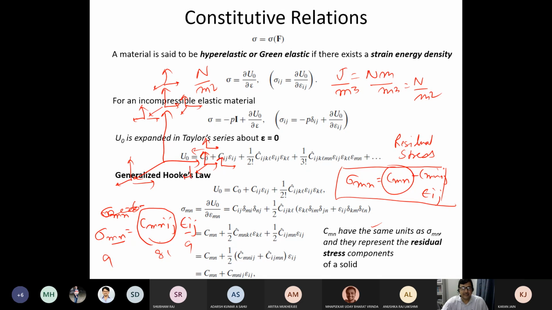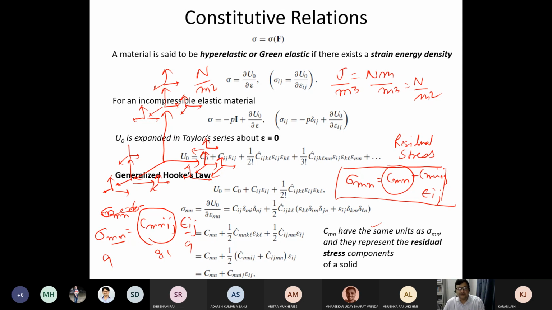Now you can see, right? These are the different directions in which you have the modulus. That is the most generic possible material that is available. So you have that many moduli in a system. All the moduli are different. It's an anisotropic, fully anisotropic material.